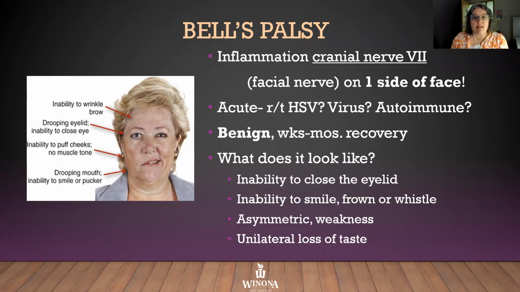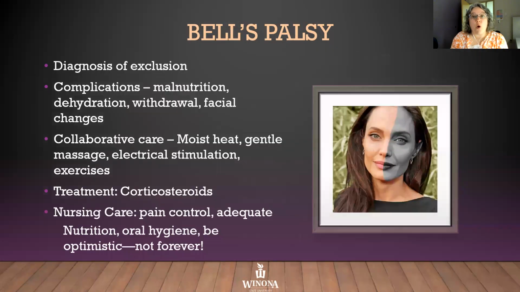And there can also be a loss of taste on that side of the mouth. What happens with Bell's palsy is it becomes more of a diagnosis of exclusion. We rule out stroke and other problems, and then it's got to be Bell's palsy.